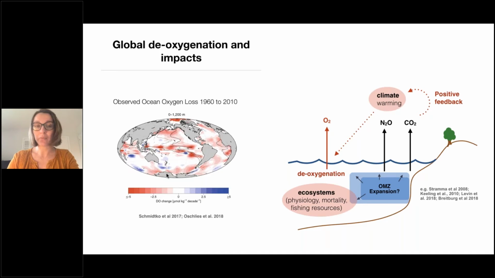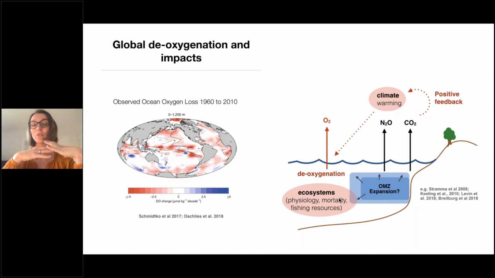So why do we care about this, and how does it link to oxygen minimum zones? When the ocean is losing oxygen, one of the concerns is that it will expand those areas of already very low oxygen levels. And that would have impact on ecosystems, as many microorganisms will be influenced by low oxygen levels.